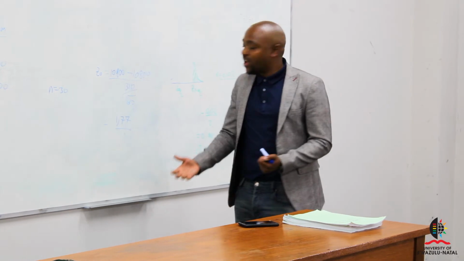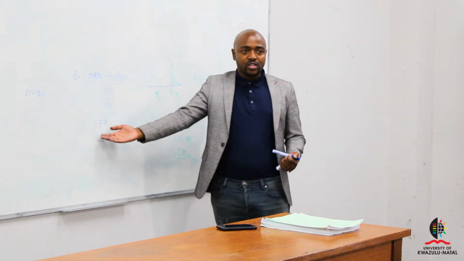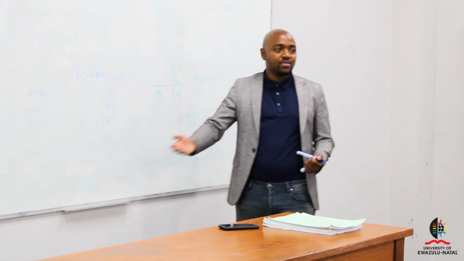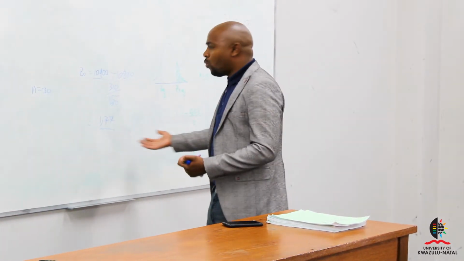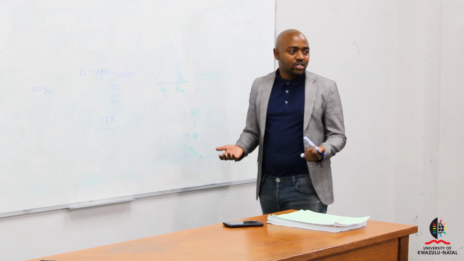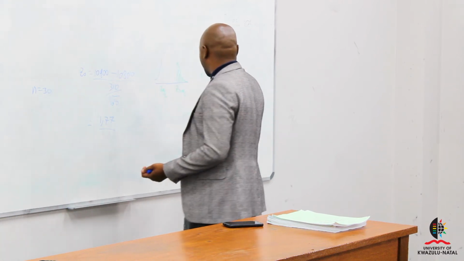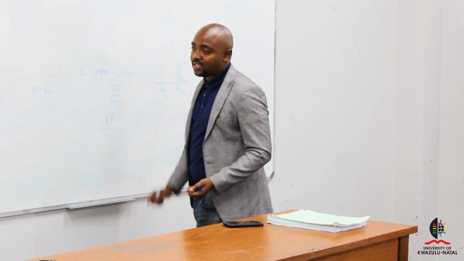Because it wouldn't be fair if your critical region is negative and your test statistic is positive. So why do you do the test if you already know that you'll reject H naught? So it's not fair, right? So it means your rejection region is this and your test statistic is this.